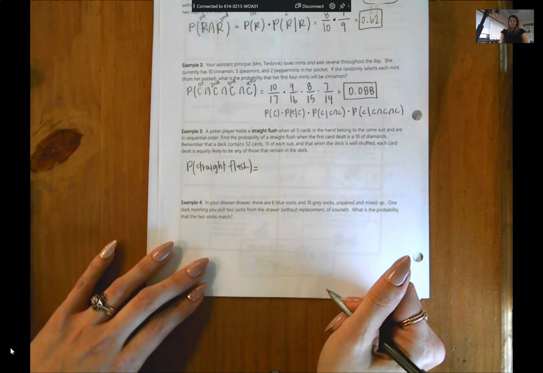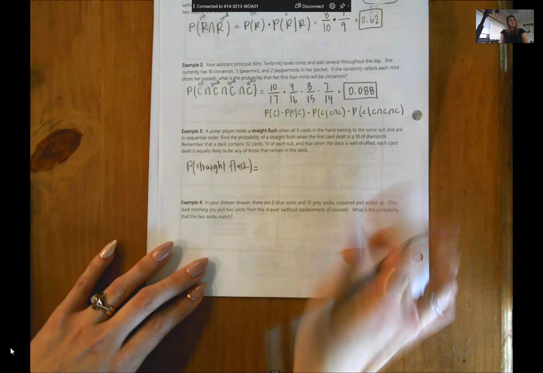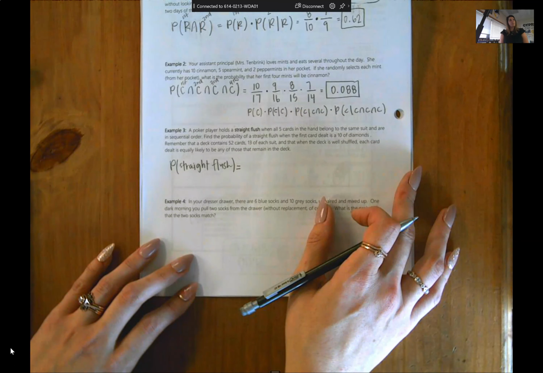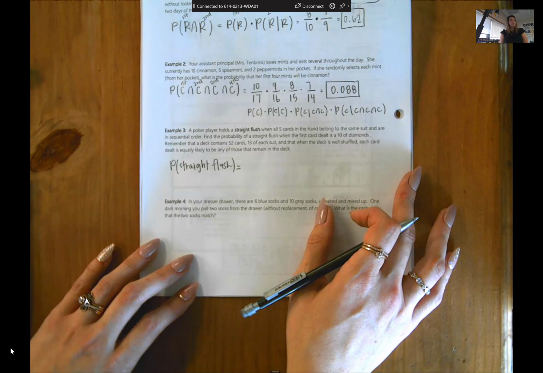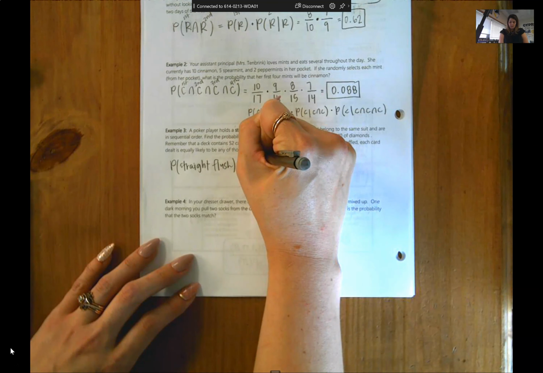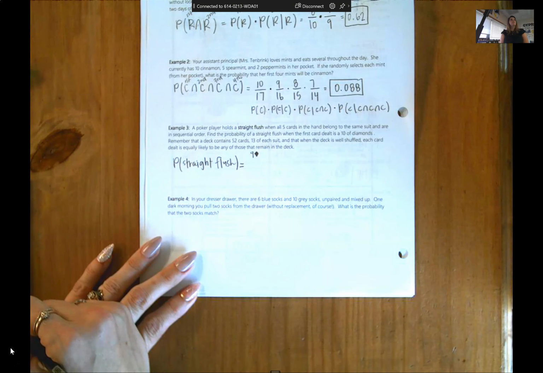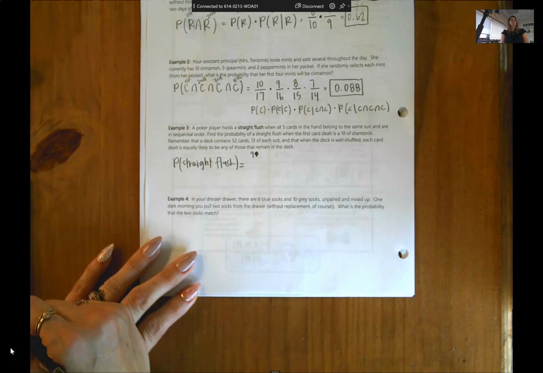Well, they tell us that the first one is a 10 of diamonds. So we already know that that happened, right? So given that that happened, the next one needs to be a 9 of diamonds. So we already know that a 10 of diamonds has been dealt.